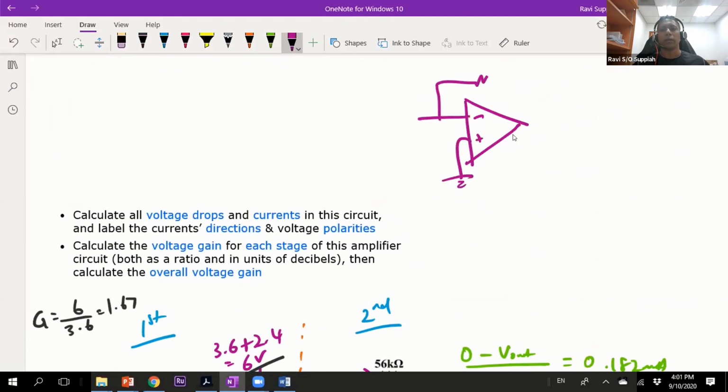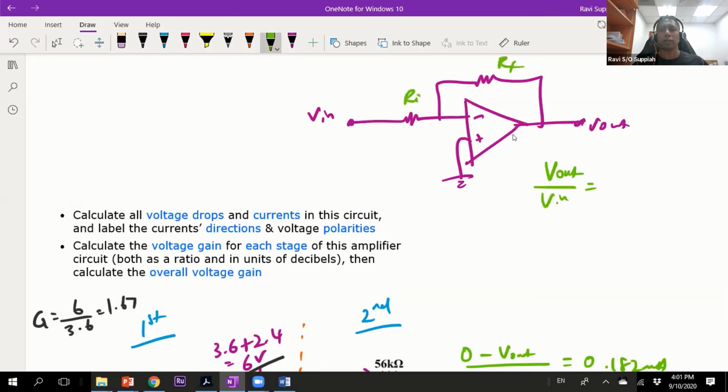let's say I connect my op amp this way, with V in and V out. In this case, V out over V in equals RF over RI, but it will be negative because it's an inverting configuration.